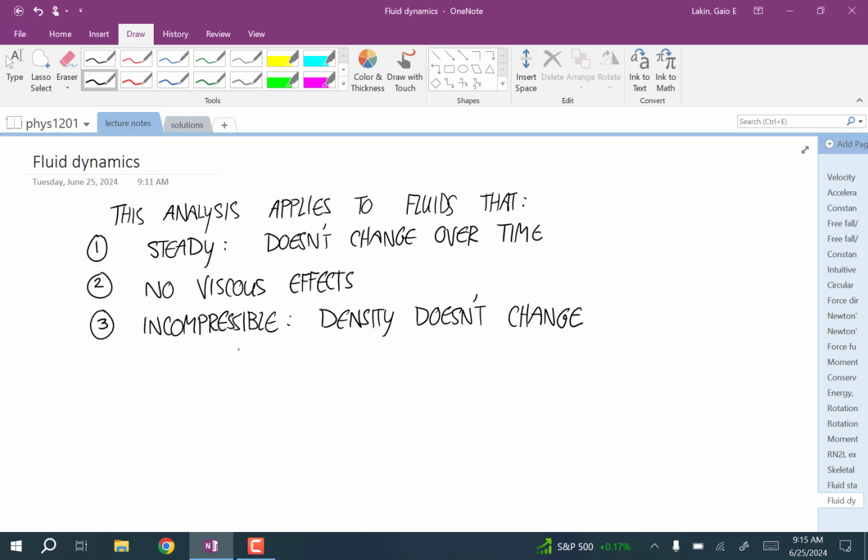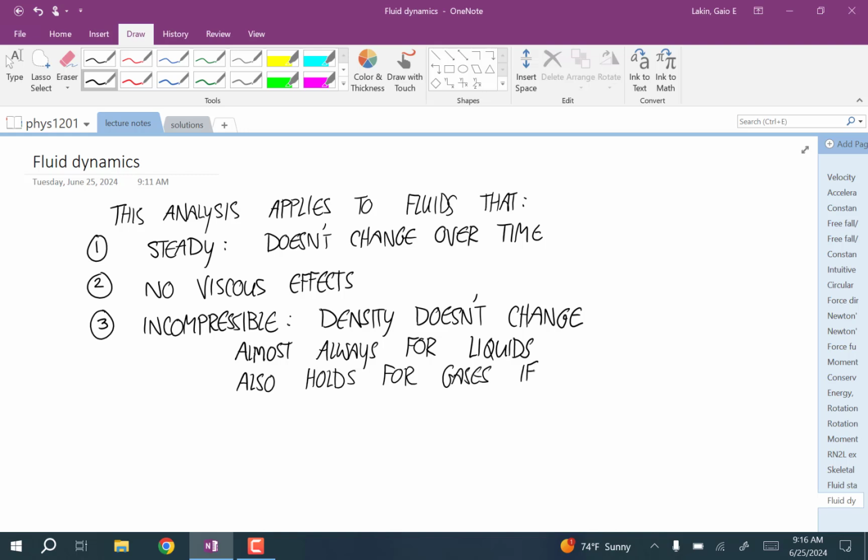So this almost always holds for liquids. You have to have big temperature changes in order to have a major change in density for a liquid. But it also holds for gases if the temperature and pressure don't change much.